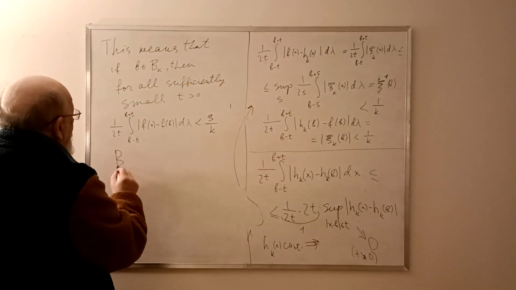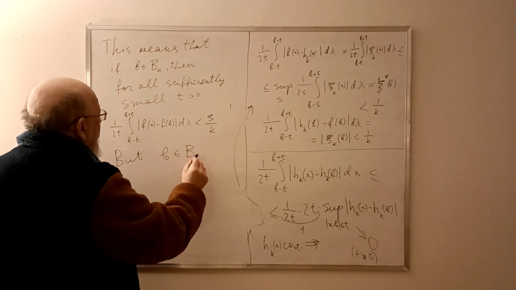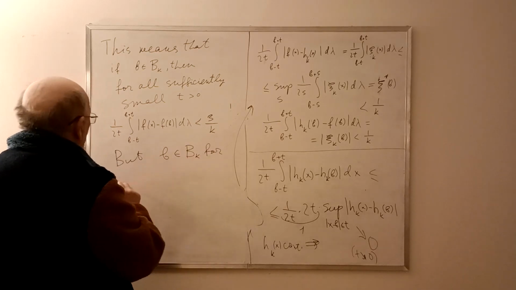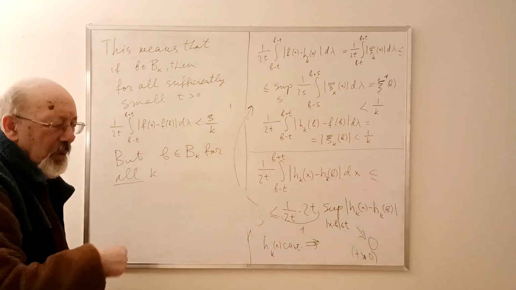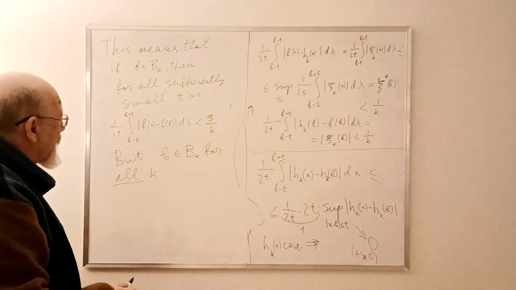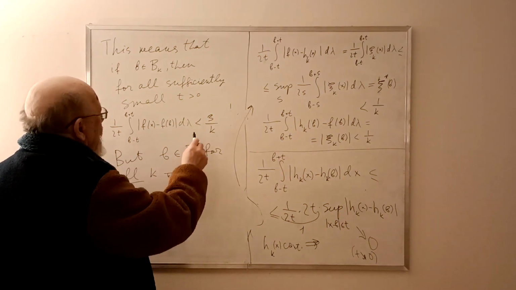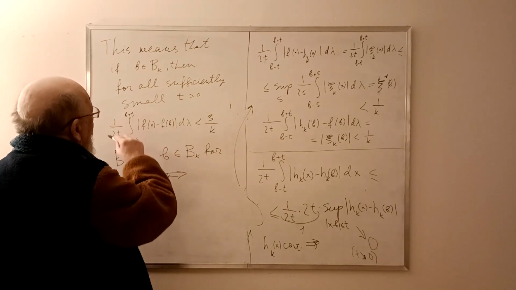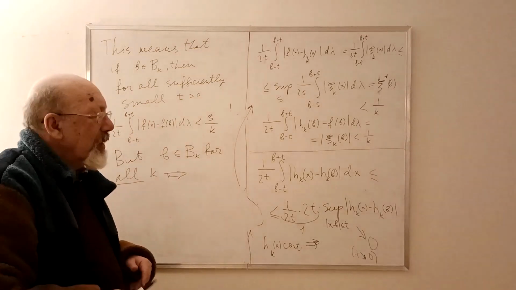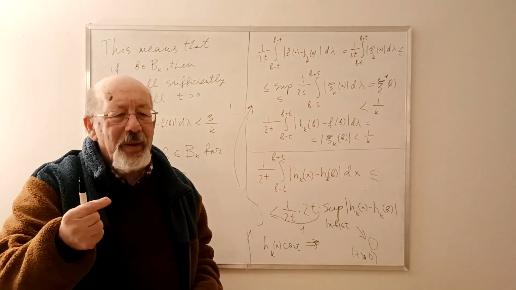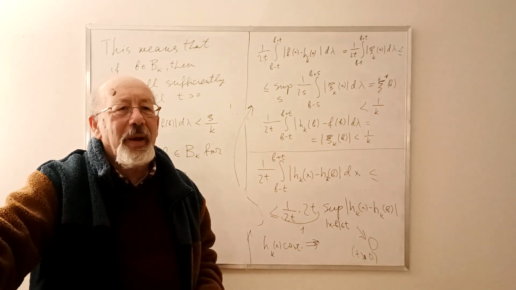But b is in Bk for all k, yeah? No, for all positive integers k. This means that this left-hand side becomes less than 3 over k eventually, when t is small enough, for any k.